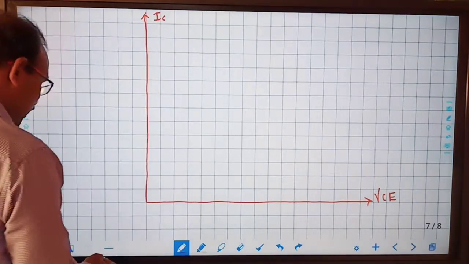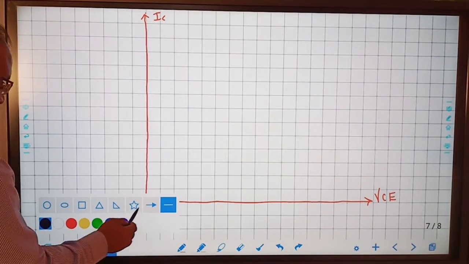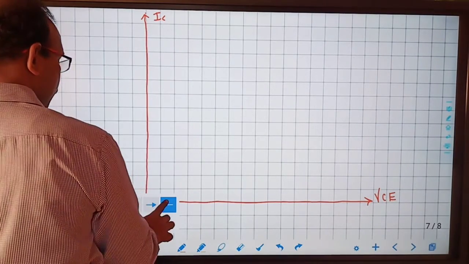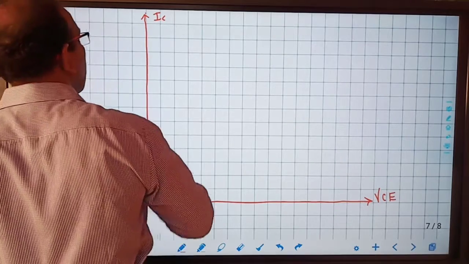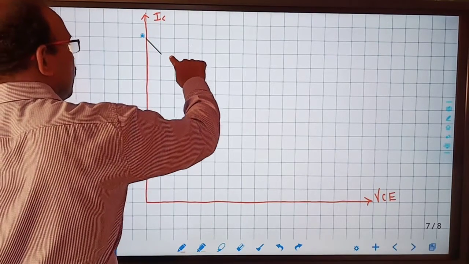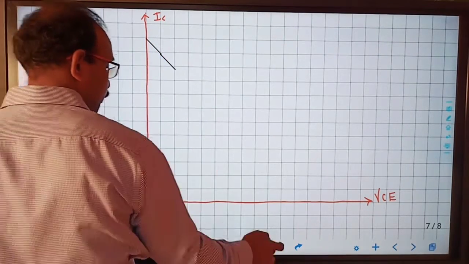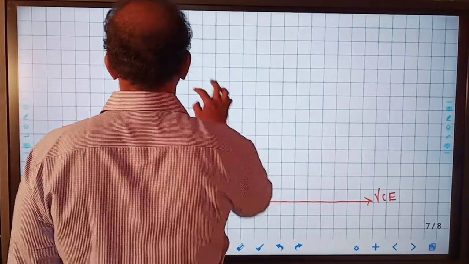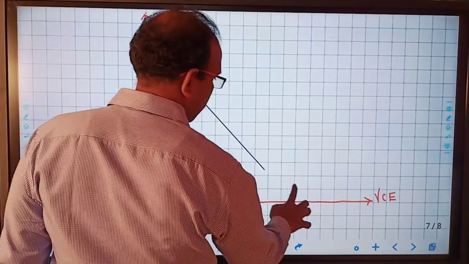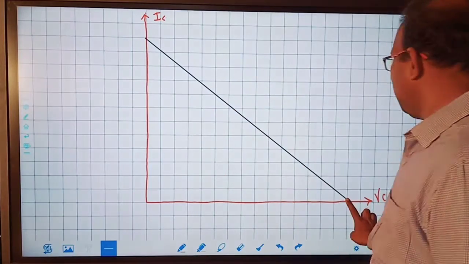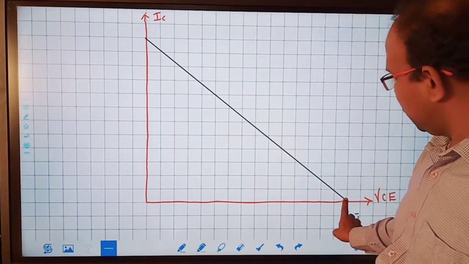And I consider something DC load line. Somewhere here, I consider this DC load line. Okay, like this or somewhere here.